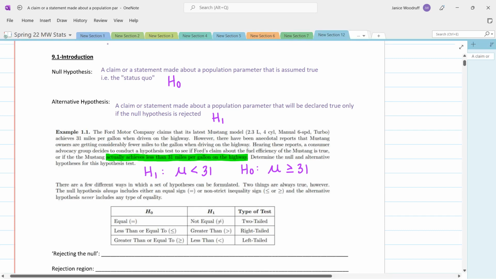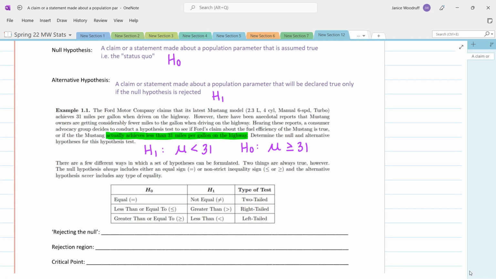Okay, so we're determining those two hypotheses. You're going to look at that last sentence. That'll give you the alternative. The null is usually that initial claim. So that's going to be right here: the Ford Motor Company claims that its latest Mustang model achieves 31 miles per gallon.